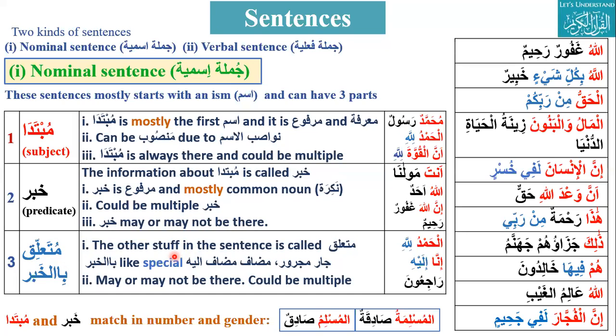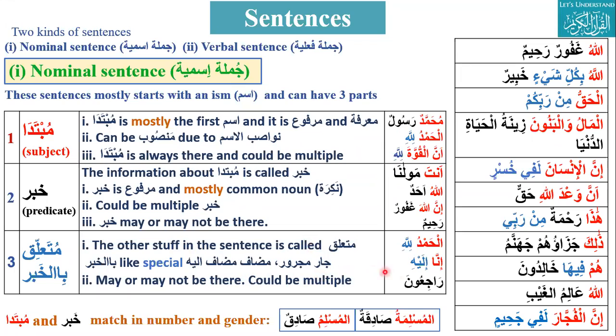These kinds of mudaf that are ism zarf also make the muta'alliq bil khabar. Jar majroor are also muta'alliq bil khabar. Same as khabar, muta'alliq bil khabar can be there or not. There could be more than one muta'alliq bil khabar in the sentence.